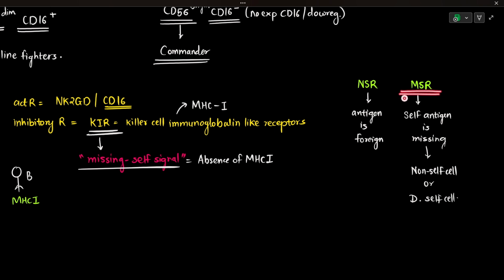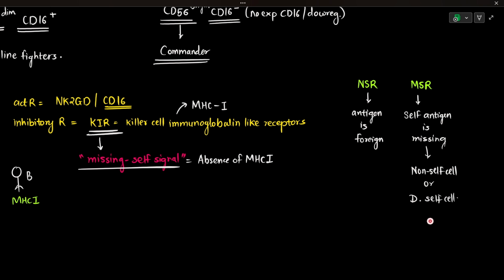But the missing self recognition by natural killer cells is very, very important, because it is sensing the absence of self antigen. So absence of self antigen could mean that the cell is non-self, meaning it does not belong to that individual's body, or the cell does belong to that individual's body, but it has an unusual profile of the MHC1 molecules.